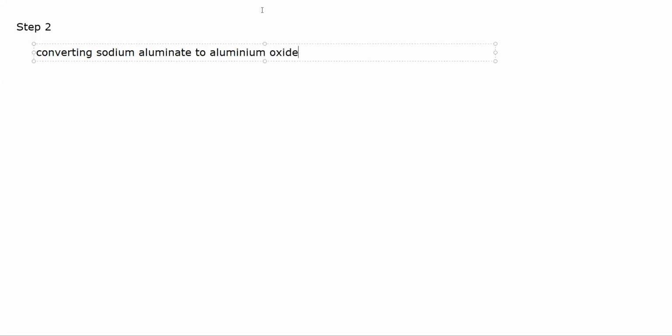So how is it done? Basically, this is done by thermal decomposition. Thermal decomposition means we'll supply heat energy.